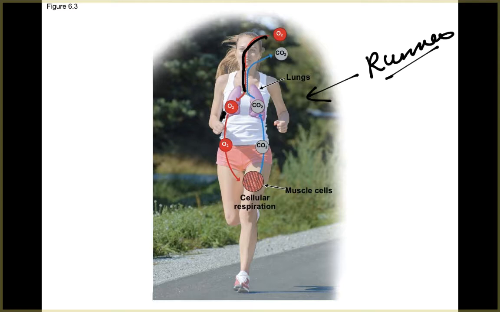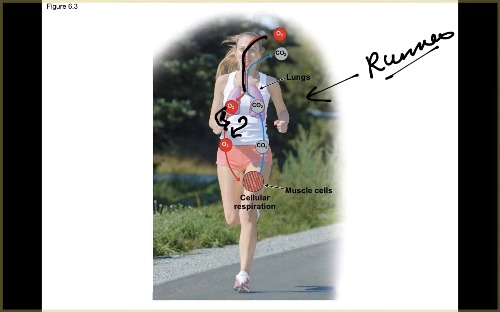So essentially, your lungs are connected with this thing called the pulmonary circuit that goes to your heart. And so you have veins that come back to your heart, and then it's going to pump through the heart and then go out of your heart to the rest of your body, right?